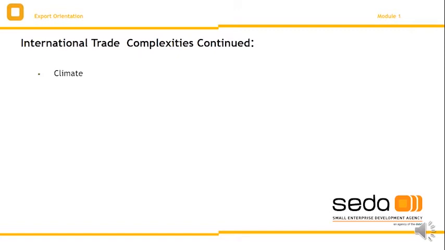So be mindful of the climate when you are selecting a country that you're going to be exporting to. Also look at your product in relation to the climate. Is it going to be suitable for that specific natural climate that you are exporting to?